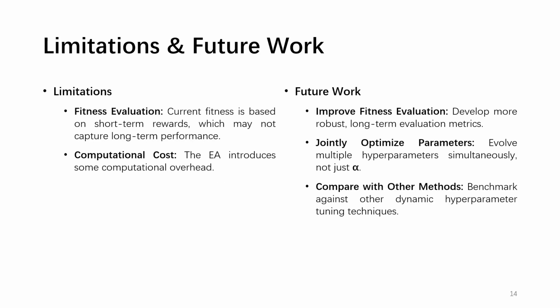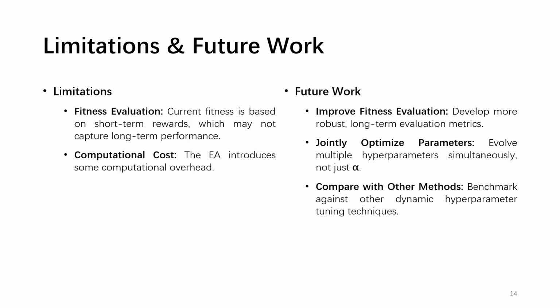Of course, our work has limitations and opens up avenues for future research. Our current fitness evaluation is based on short-term rewards, which may not always capture the quality of a long-term strategy. Also, the EA does introduce some computational overhead.